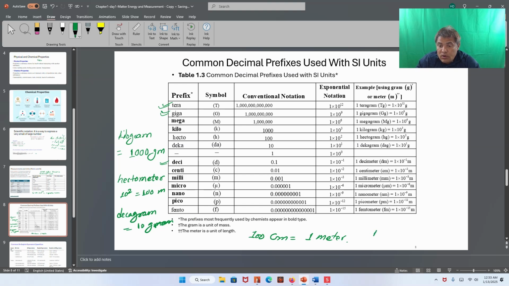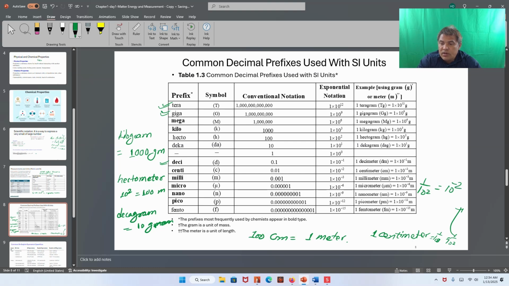So 1 centimeter is equal to 1 by 100, which is 1 by 10 to the 2, which means 10 to the power minus 2.